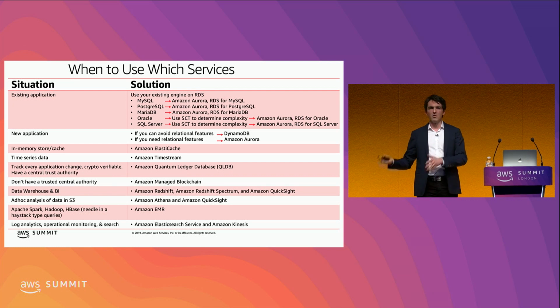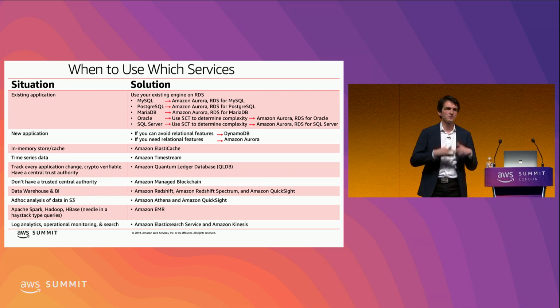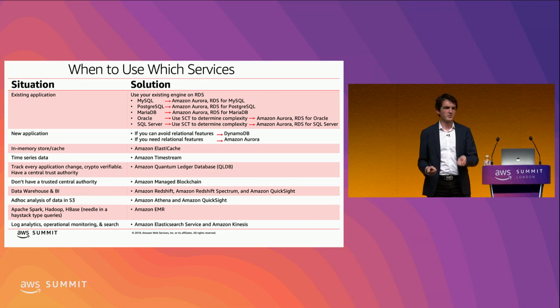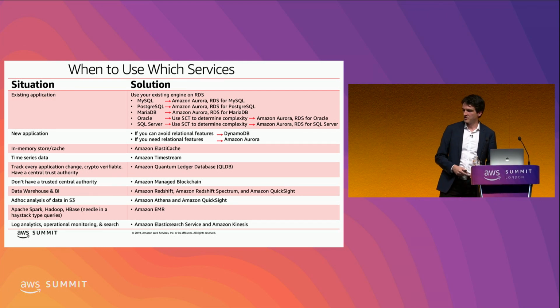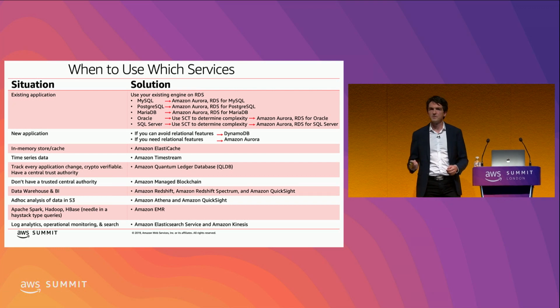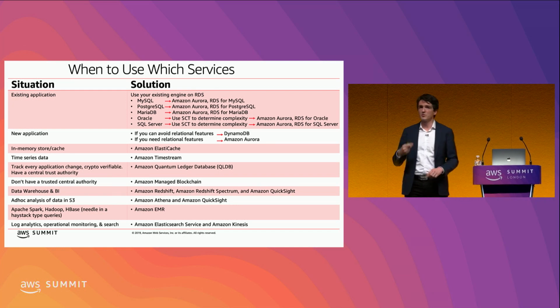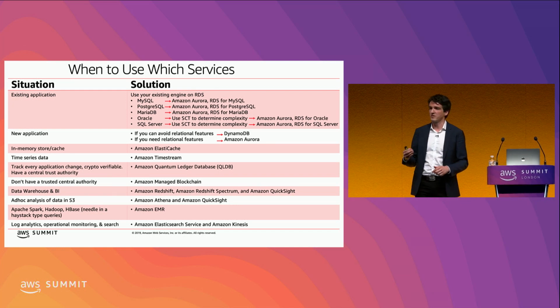And if you look at a new application that you build from scratch, probably you should look at something like DynamoDB and look at the new options like time series data. Blockchain is a new trend, and our customers are actually looking for more structured data around blockchain.